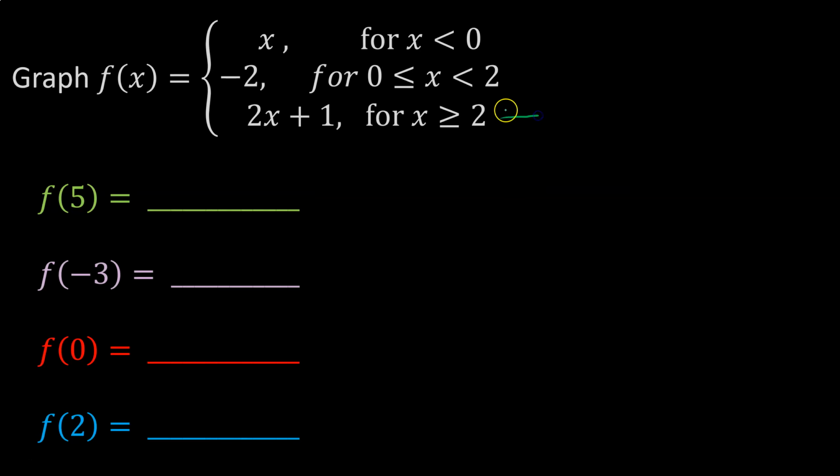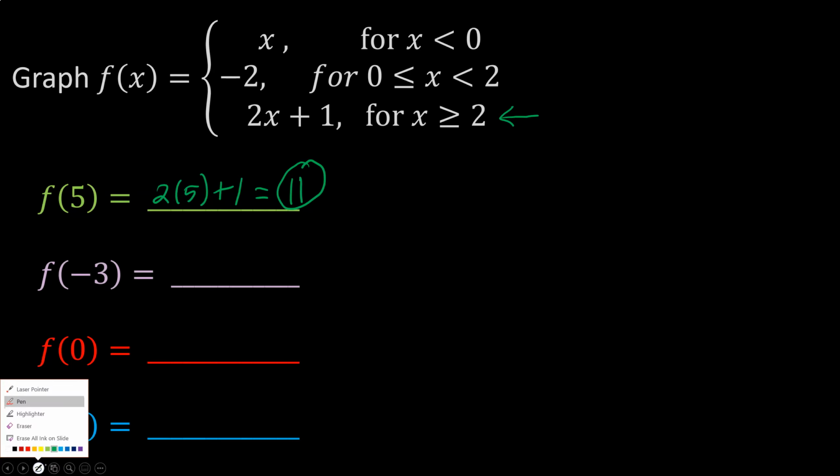You would belong to the third piece. 5 is greater than 2. So f of x in this case would be 2x plus 1, and that is 2 times 5 is 10, plus 1 is 11. So f of 5 is 11.